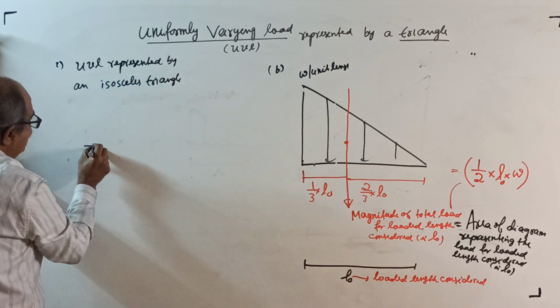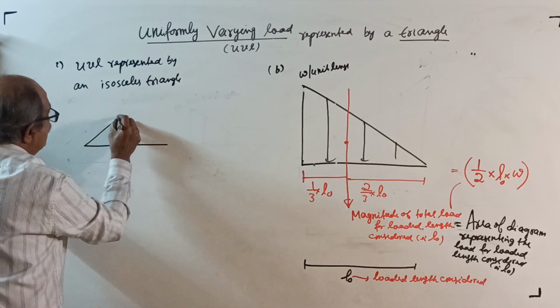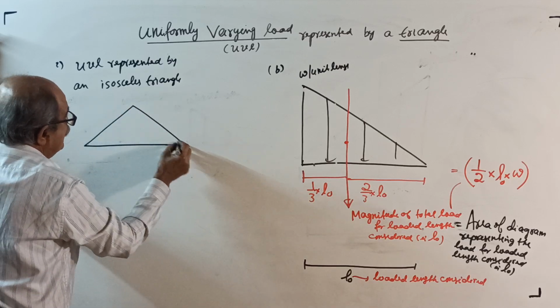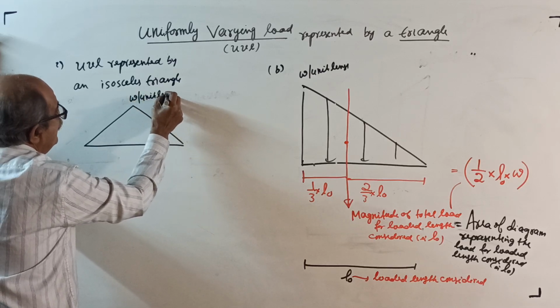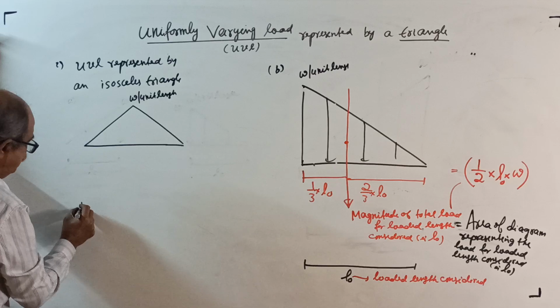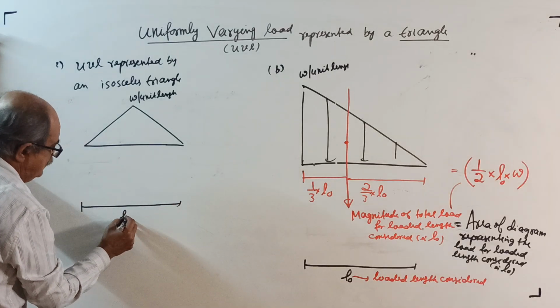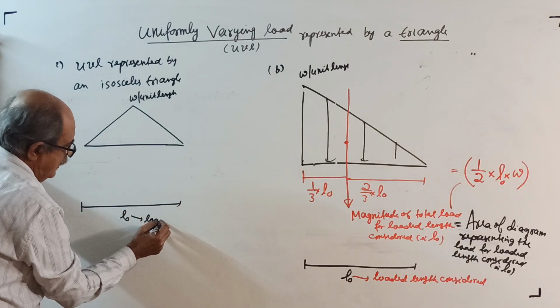That is, see, this is W per unit length. This is your L0, that is the loaded length considered.